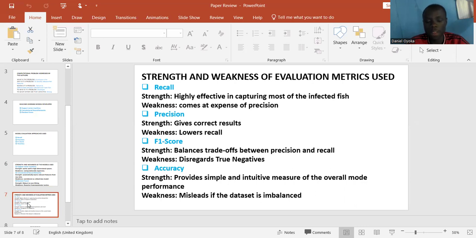That's to say, if a model is subjected to a large number of healthy fish relative to the number of infected fish, it's most likely to give predictions telling that most fish are healthy.